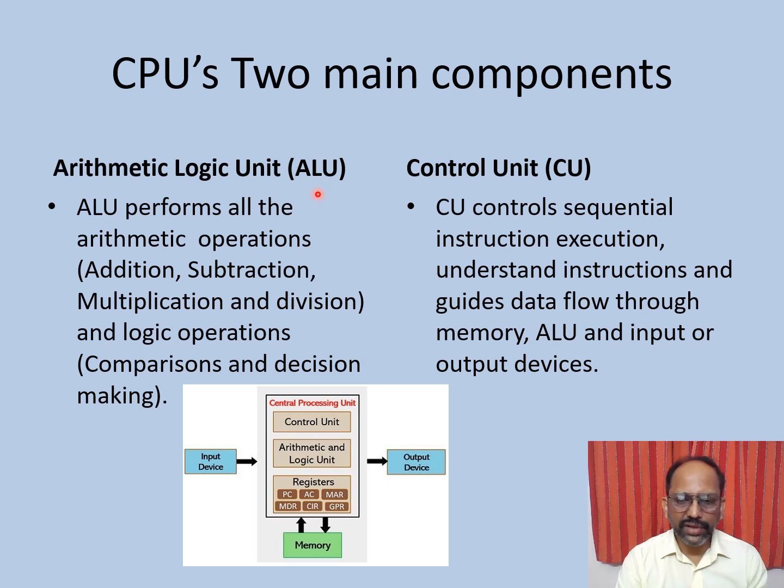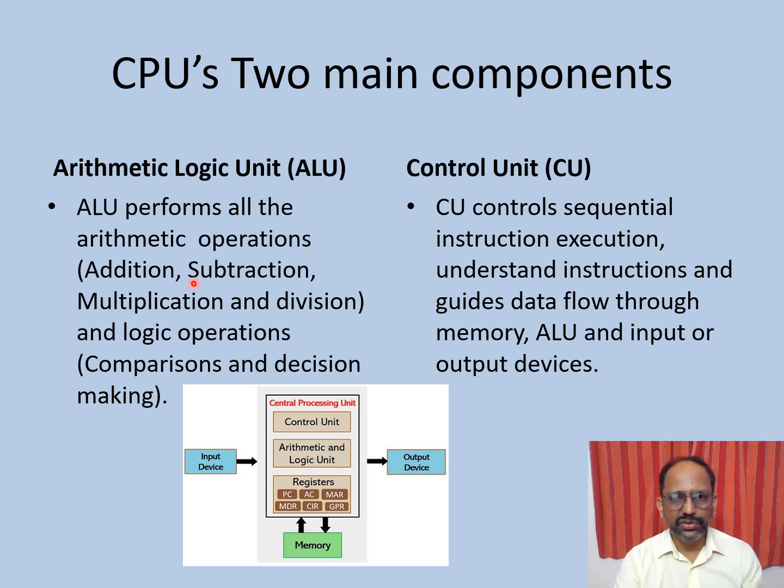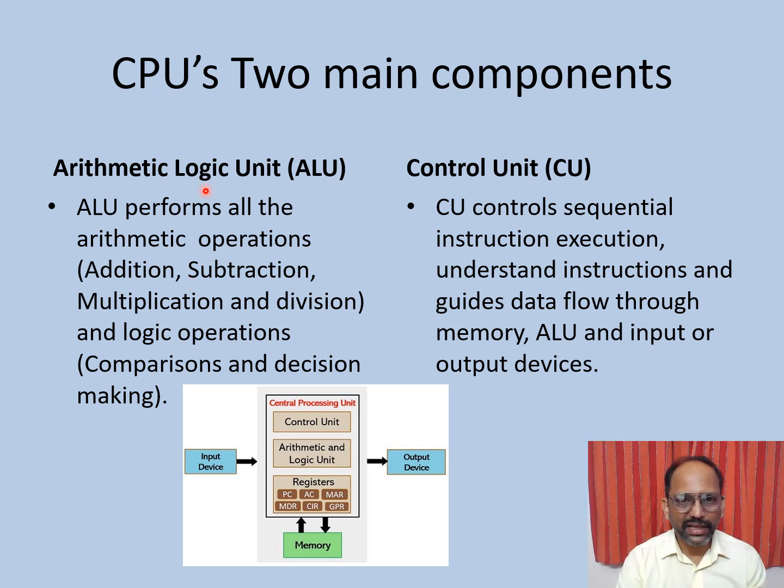The logic unit of the ALU is going to perform the comparisons, and it is used for decision making in computer. Any decision we take in computer, through computer, is going to be processed by the logic unit. What kind of decision can we take in computer?